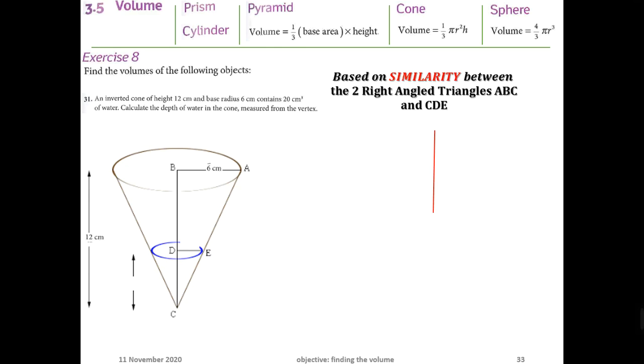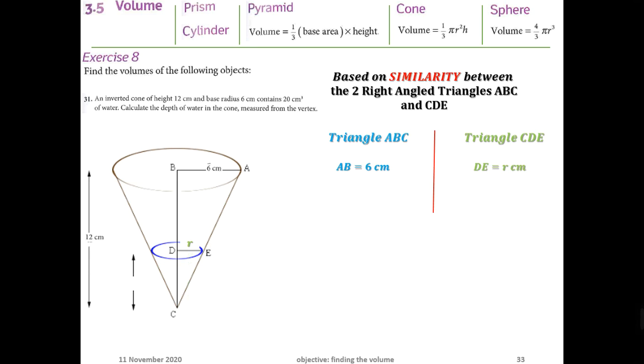So based on similarity between the two right angle triangles ABC and CDE, let's name one given side in this triangle and the similar side to it from the other triangle as follows. So triangle ABC and triangle CDE. Side AB, which is the radius, is equal to 6 centimeters. And DE is actually unknown, so we're going to call it R small.